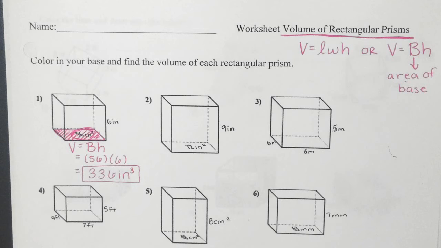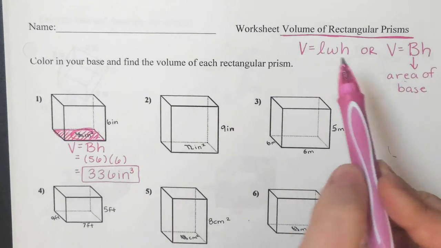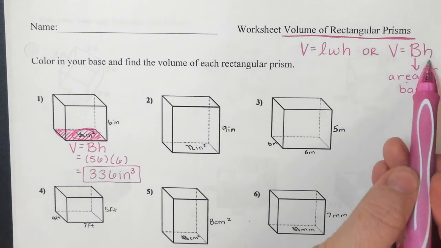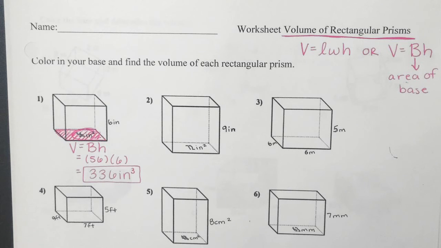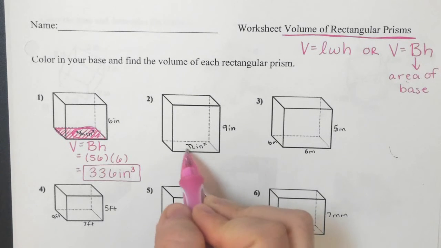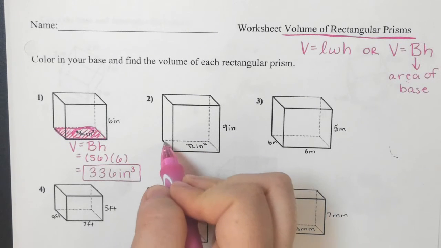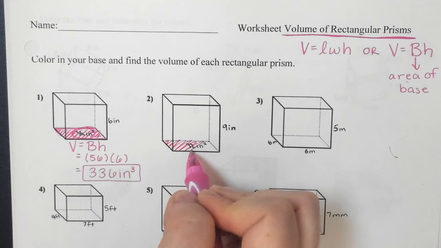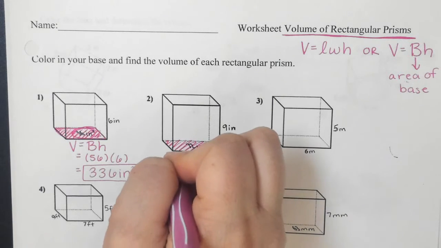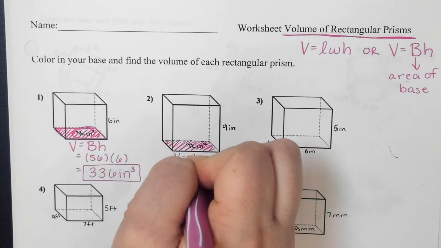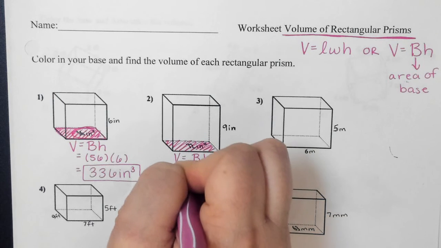Okay. All right, for number 2, am I going to use LWH or capital BH? RJ? Capital BH, because it tells me what is the area here? 72 inches squared. So I'm going to shade that in because that's going to be my base. I'm going to say V equals capital BH.